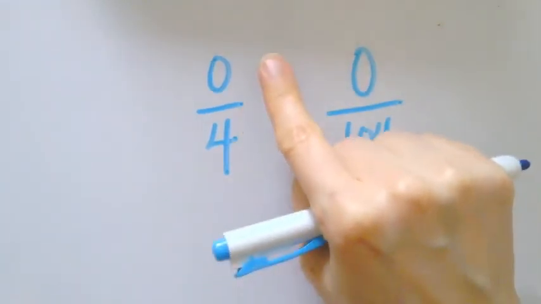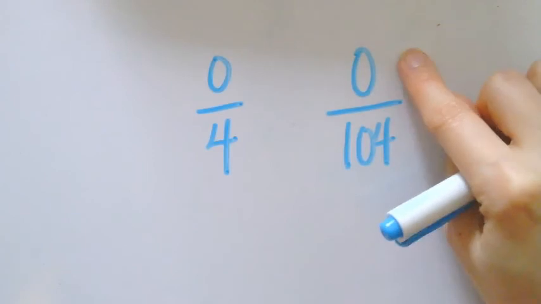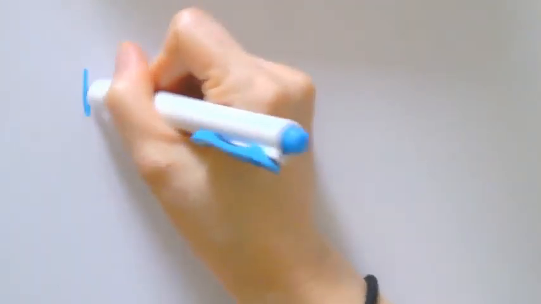Doesn't matter whether it's over 4, 104, 1,000,004. If there is a 0 in the numerator position, that means it's a 0. So you don't write that to represent 0. All right, let's do one more.